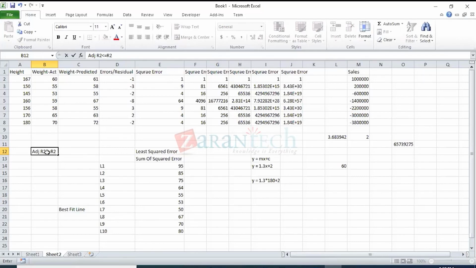It's never greater than R square. Because if it is equal, that means all the variables that I have in my data set make sense or add value to my model. But if my adjusted R square is less than R square, that means there is some junk in my data set.